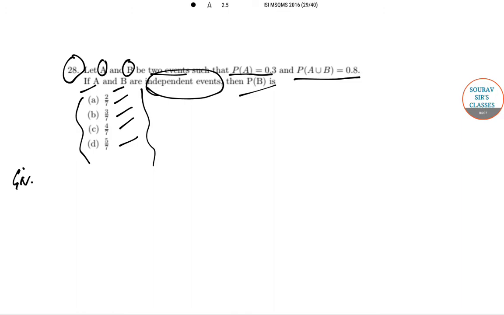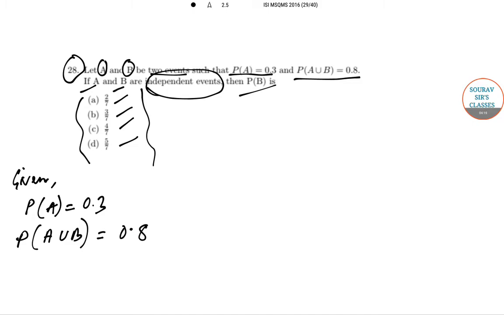It is given that P of A is equal to 0.3 and P of A union B is equal to 0.8. Also, A and B are independent events.